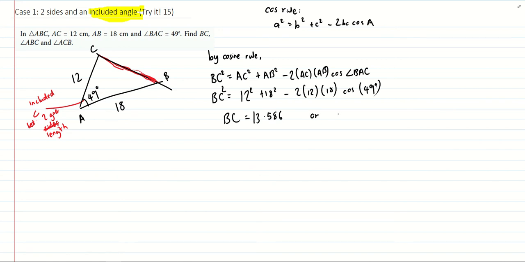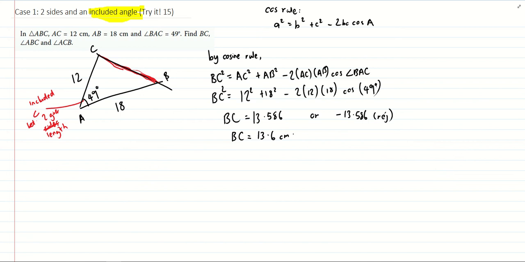Because it's a square root, I have negative 13.586, and I will reject it because length cannot be negative. I still show the negative answer, but I will reject it, just to make it more proper in mathematical presentation. Leaving the answer in 3 significant figures, I have BC equals 13.6 centimeters. So that's BC done.